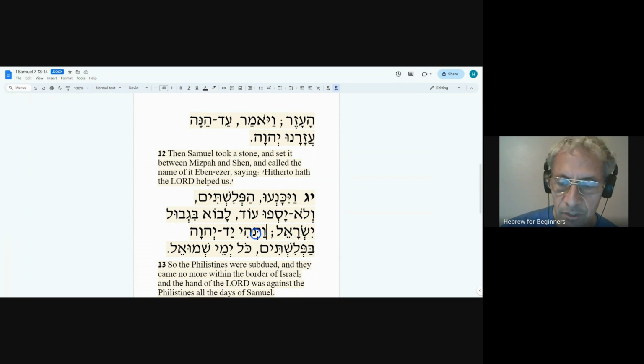Vatehi yad Hashem ba-plishtim, and the hand of God was on the Philistines, or as Sammy, you rightly suggested yesterday, against the Philistines. Kol yemei Shmuel, all the days of Samuel. Very nice.